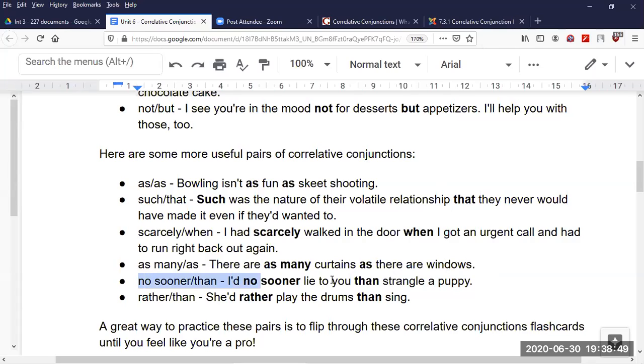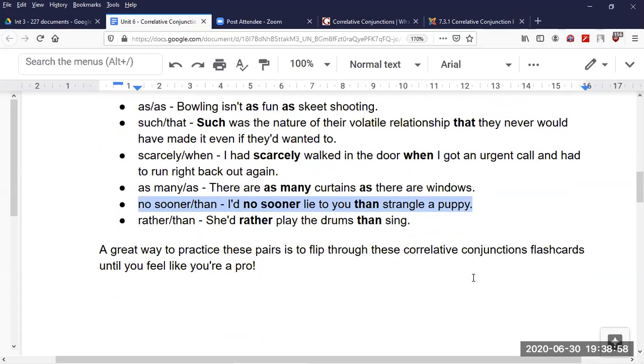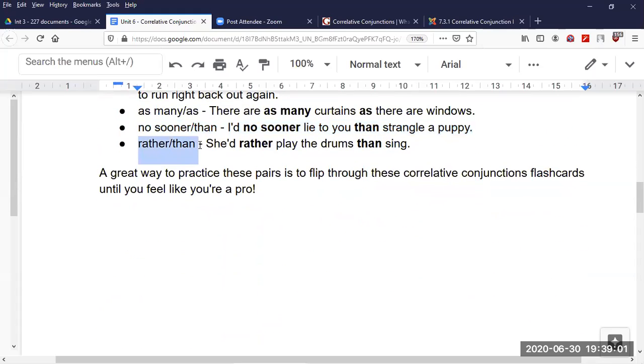Okay, no sooner than, this again is a bit too advanced for this level. But rather than is very common. It's mostly used for activities to express preference for doing one thing over the other. So she'd rather play the drums than sing. So she has a preference to play the drums than to sing. So if she has a choice, she prefers to play the drums.